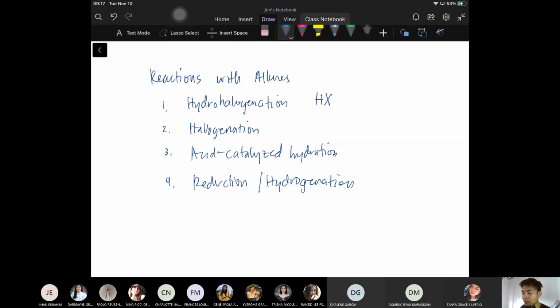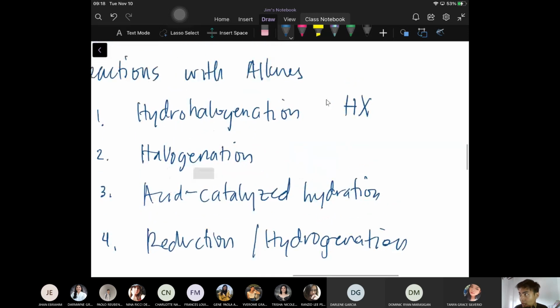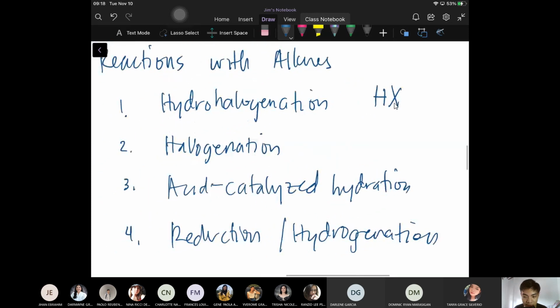Kasi yung reactivity ng fluorine masyadong wild, no? So mahirap siya gawin sa lab. So ang pwede gawin madalas ay yung kay chlorine, bromine, and iodine. Okay? So basically, ang hydrohalogenation is a reaction with alkenes wherein idadagdag mo yung H pati yung X. Okay? Mamaya pakita ko kung paano ginagawa yan.